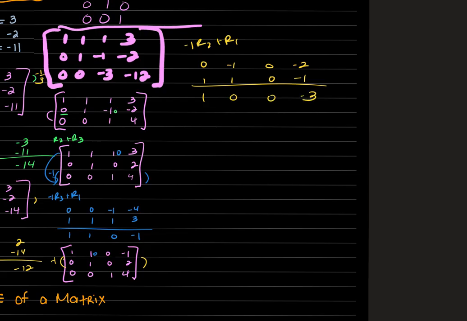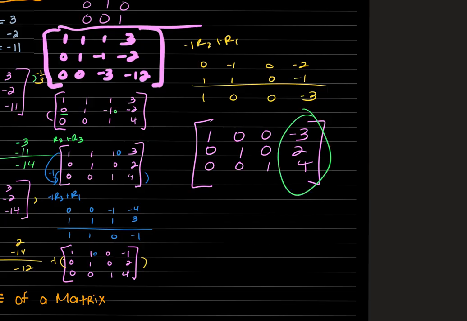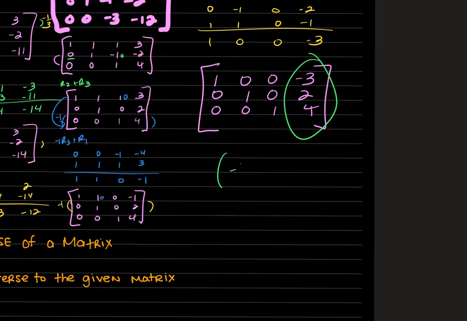And that takes the place of row 1. 1, 0, 0, negative 3, 0, 1, 0, 2, and 0, 0, 1, 4. And then I got to the goal, which is the diagonal of 1s and the 0s above and below, which means that last column is my solution. Negative 3, 2, 4.